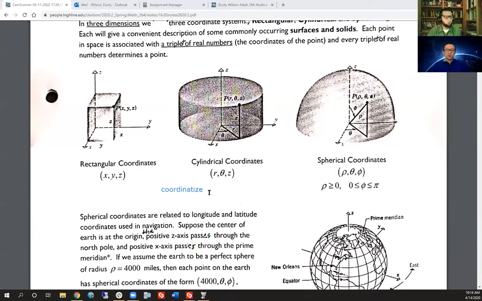So if you're on a boat, as a landlubber, I call it forward, back, left, right, up, and down. But if I'm a Navy guy, maybe I call it port and starboard and fore and aft, and who knows what they call up and down. You can think about those as different names for various coordinate systems.